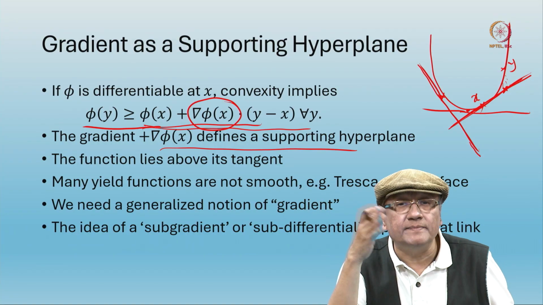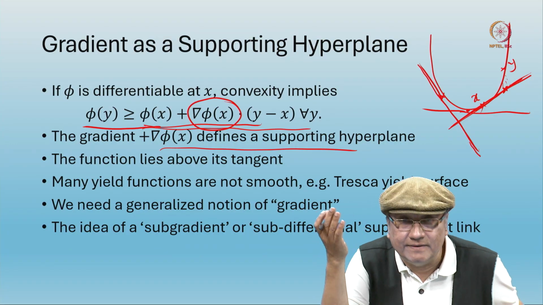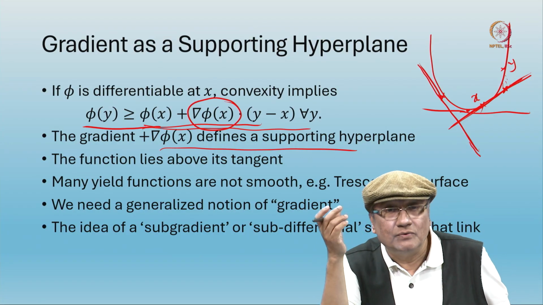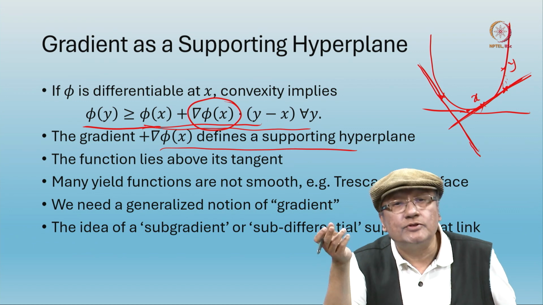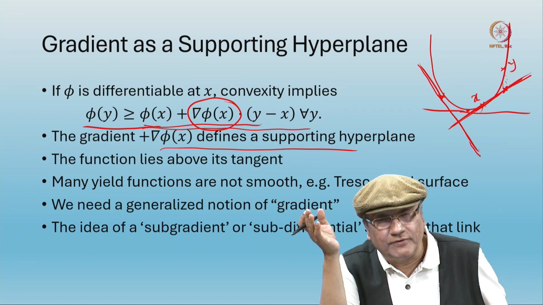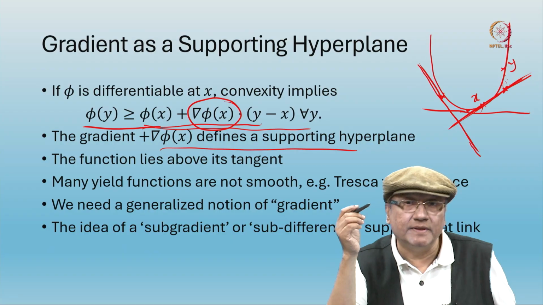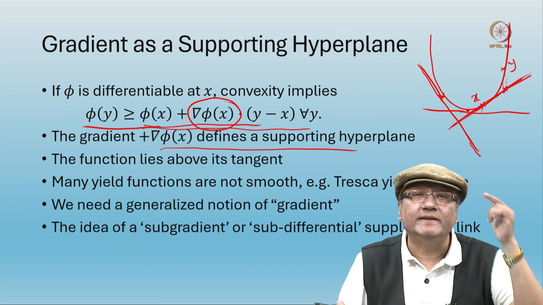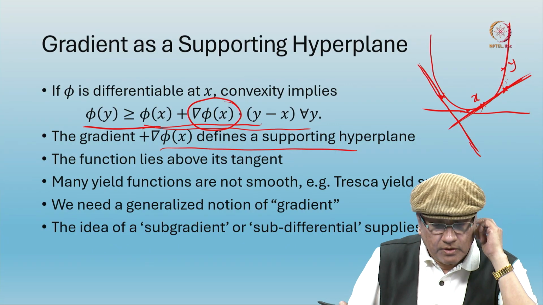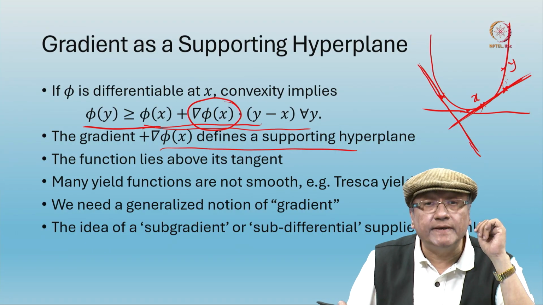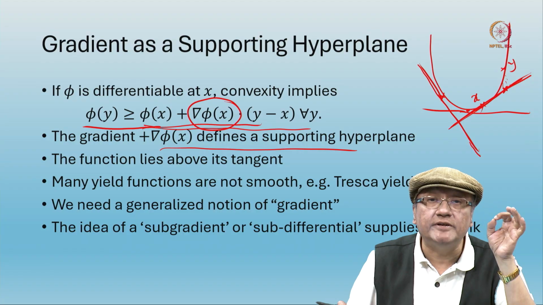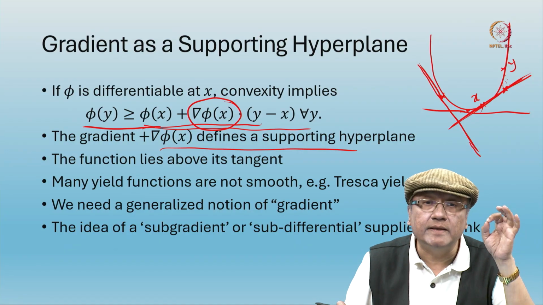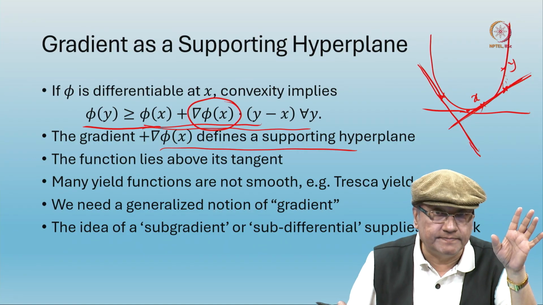But unfortunately in many cases we cannot find grad phi. What should we do then? We generalize the notion of a gradient for such cases. For example, if there is a corner, what will you do at the corner? You cannot find the gradient. So therein the notion of a subgradient or subdifferential comes in and becomes extremely useful.